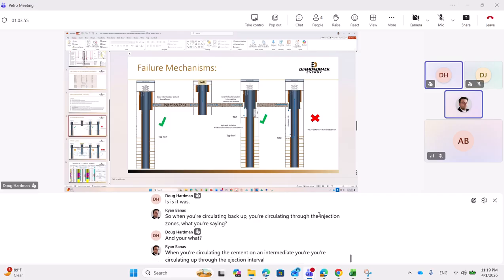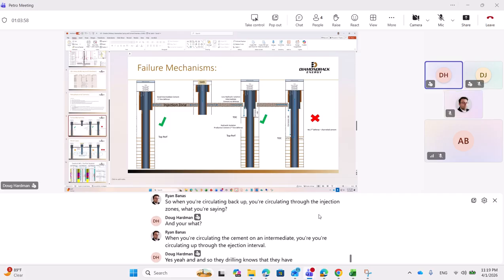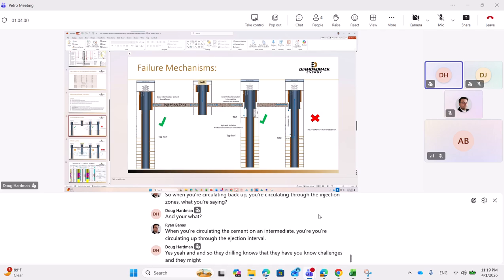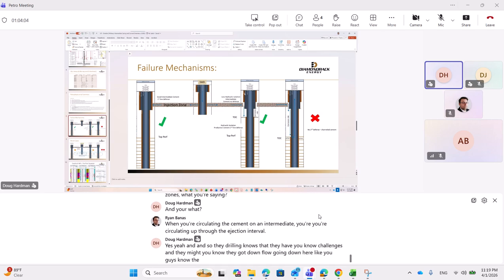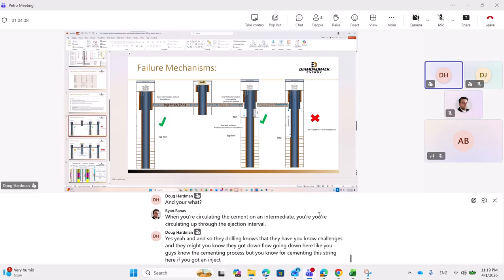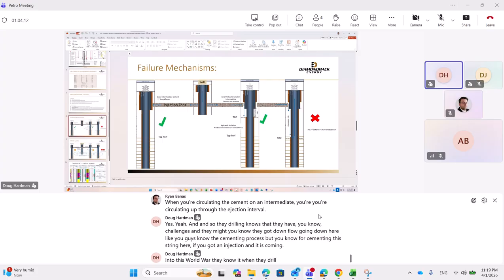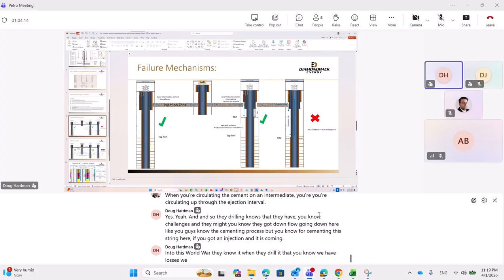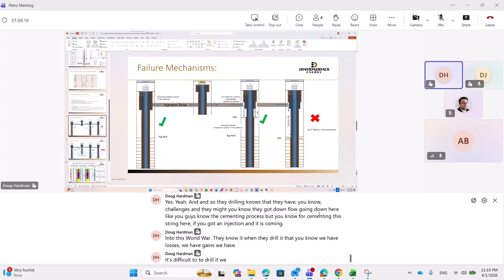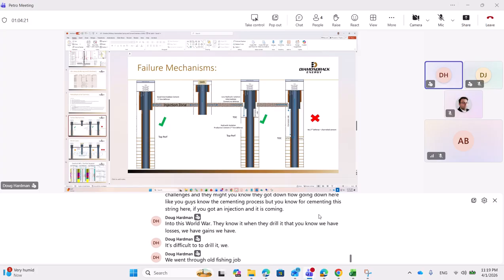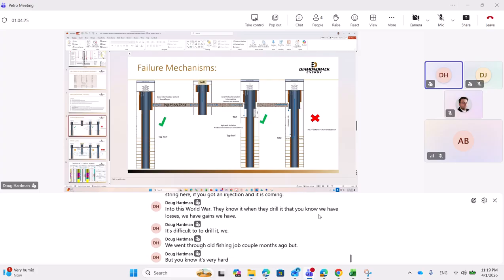So drilling knows they have challenges. You've got downflow going down here, and you guys know the cementing process, but for cementing this string, if you've got injection coming into this wellbore, they know it when they drill it: we have losses, we have gains, it's difficult to drill. We went through a whole fishing job a couple months ago, but it's very hard to cement this.